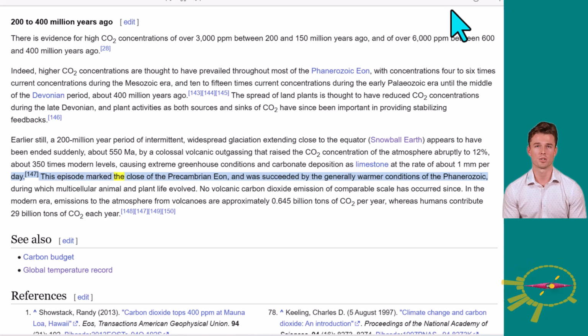This episode marked the close of the Precambrian Eon and was succeeded by the generally warmer conditions of the Phanerozoic, during which multicellular animal and plant life evolved. No volcanic carbon dioxide emission of comparable scale has occurred since. In the modern era, emissions to the atmosphere from volcanoes are approximately 0.645 billion tons of CO2 per year, whereas humans contribute 29 billion tons of CO2 each year.